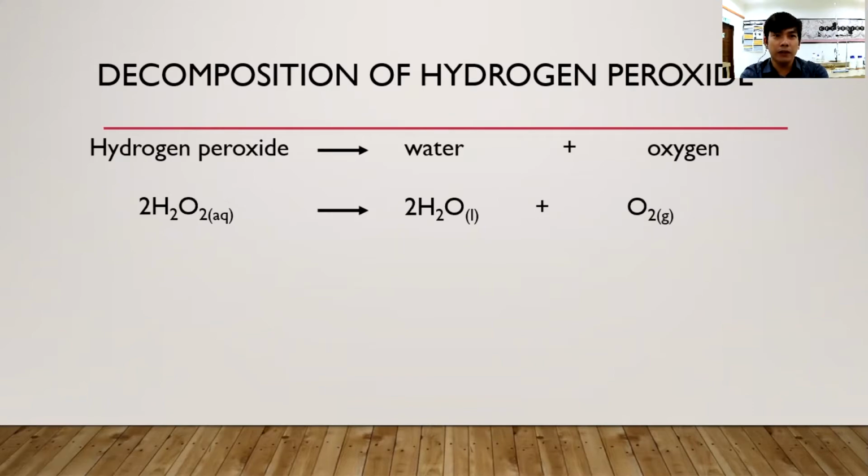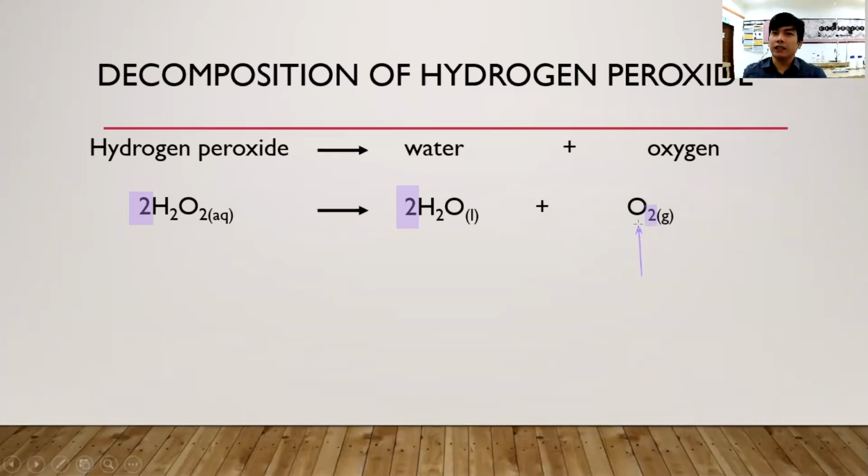Now, some of you will ask, why do we have to put 2 in front of H2O2 and 2 in front of H2O? And why is oxygen O2, not just O? To answer that, the first thing is O2.